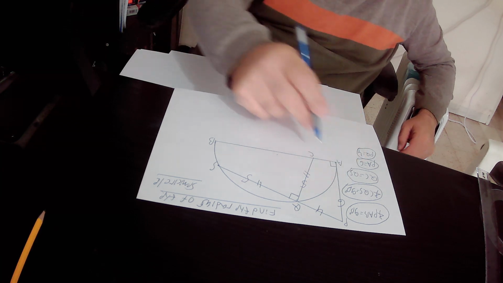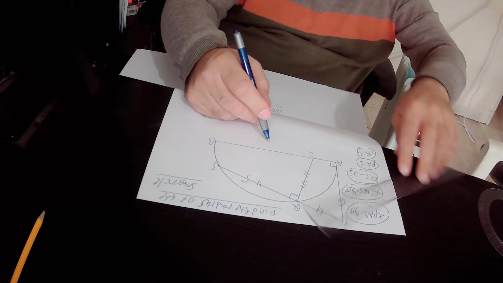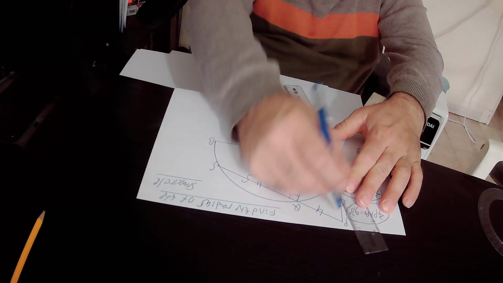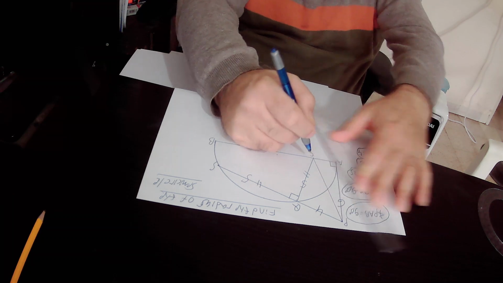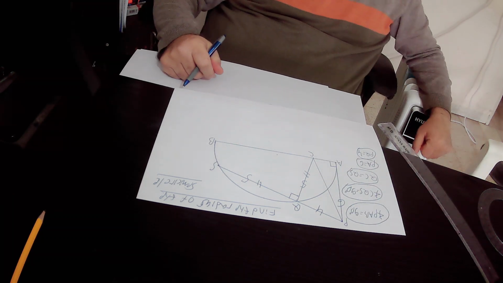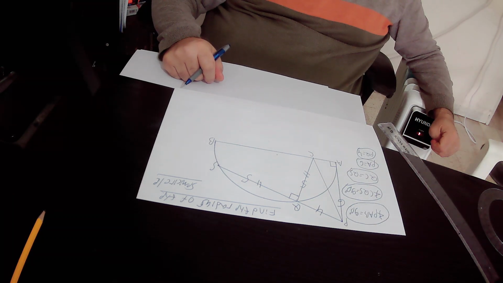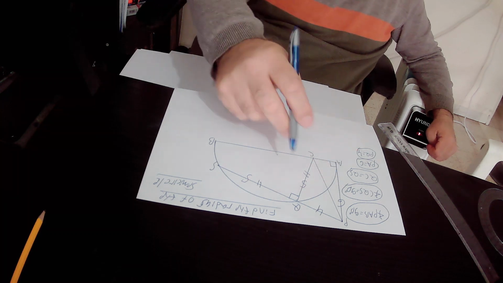Okay, in the next step we will join points P and C together by a straight line. By joining points P and C, we created triangle PCQ.